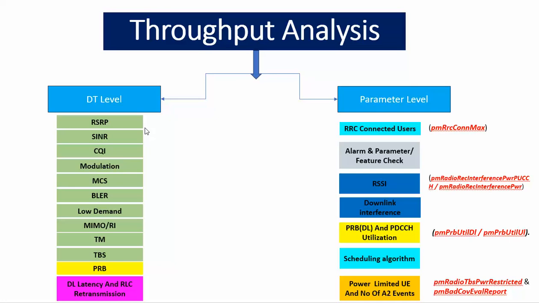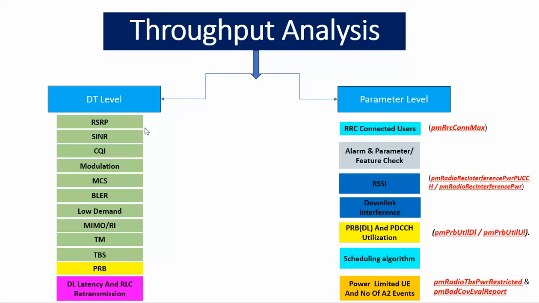It may be the distance of that location from the site, or blockage, or losses due to vegetation, or any elevation issue. You get a solution by finding out the reason why RSRP is poor.